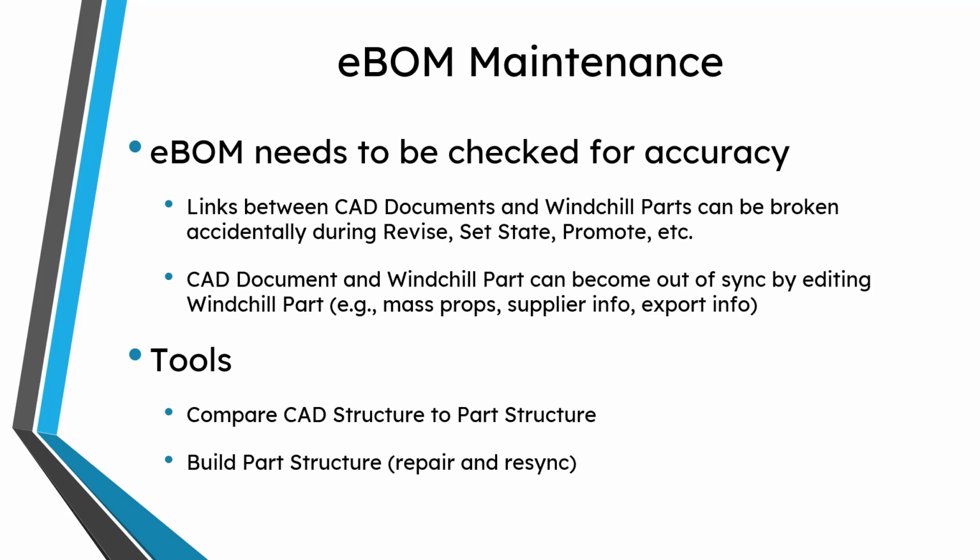Also, during editing, you can actually cause the CAD document and Windchill part to be out of sync if you're updating certain information in the Windchill part. So you just want to make sure that your engineering bills of material are up to date. And to do that, you have tools like comparing the CAD structure to the part structure and the tool to build the part structure, which allows you to repair and resync the two product structures.